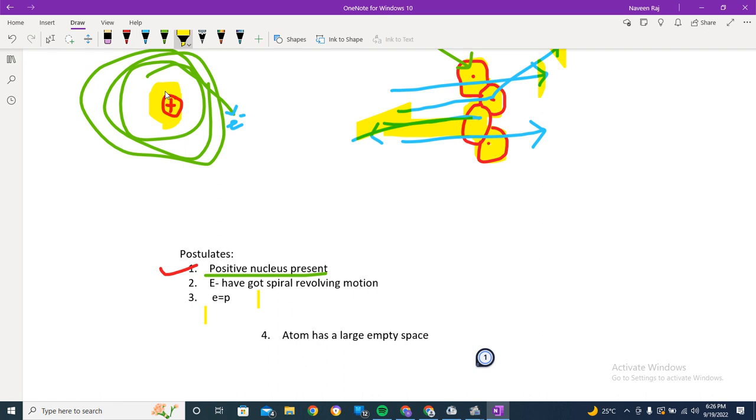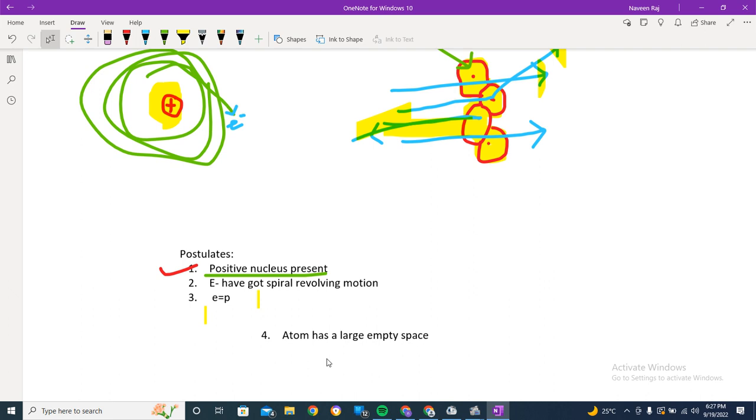Moving forward, he said that electrons have spiral motion, even though we cannot accept that, because if it has spiral motion, the atom shall be destroyed after losing its energy. This was a conceptual point about Maxwell.